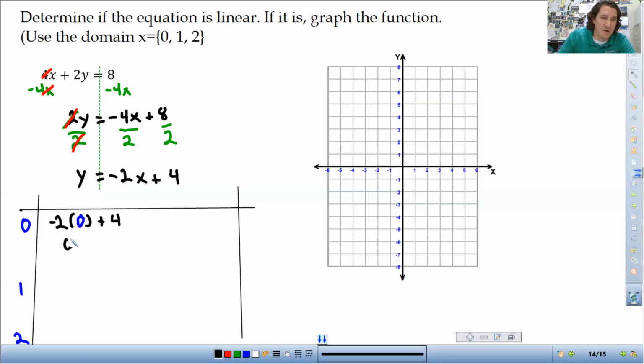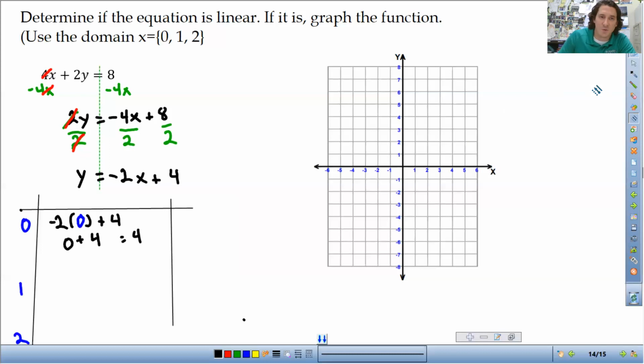Negative 2 times 0 is 0, plus 4 is 4. So when x is 0, y is 4. So I'm going to plot the point x is 0, y is 4. So 0 on the x, I don't move left to right, I go up 4, put a point.